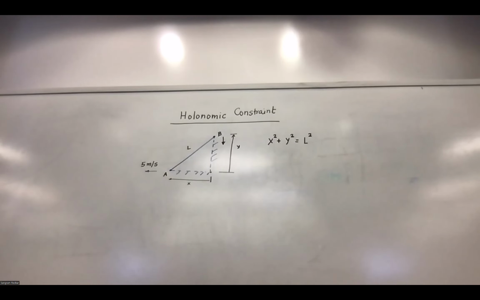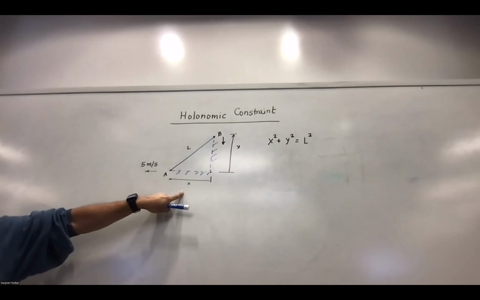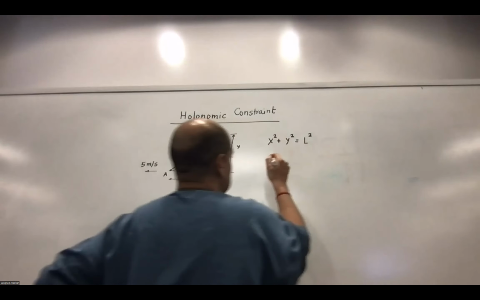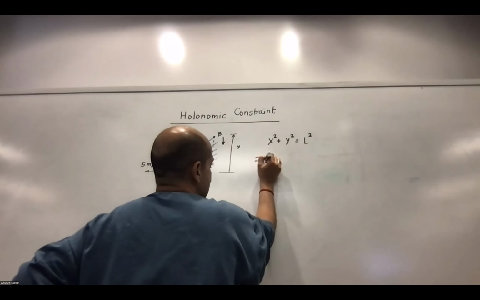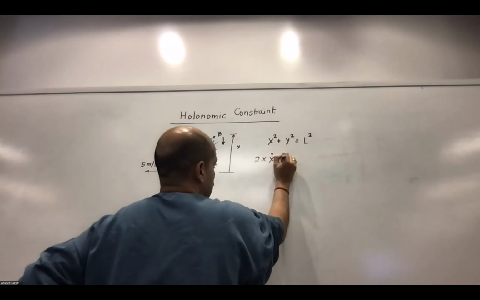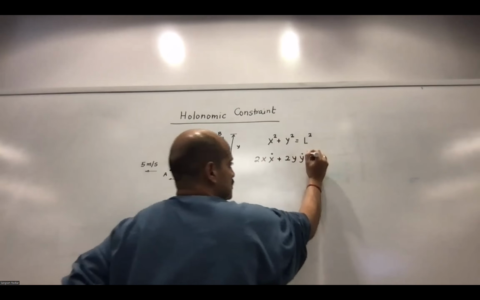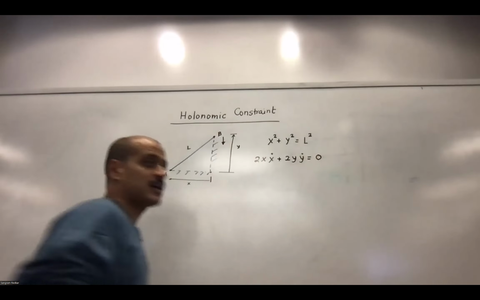This is a constraint equation. It does not tell me the value of x or the value of y, but it tells me the relationship between x and y. And x and y are the displacement parameters. These are positions. I can take the derivative of this: 2x times x dot plus 2y times y dot. L is a constant, so this becomes 0. Do you agree with me?